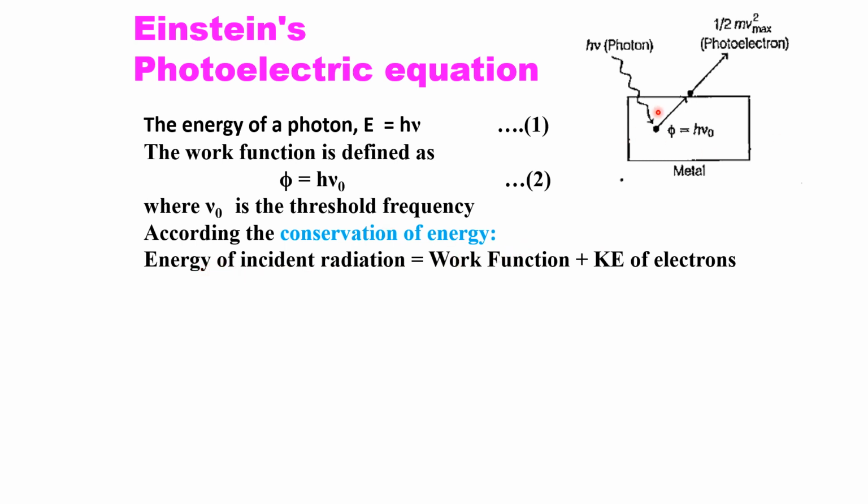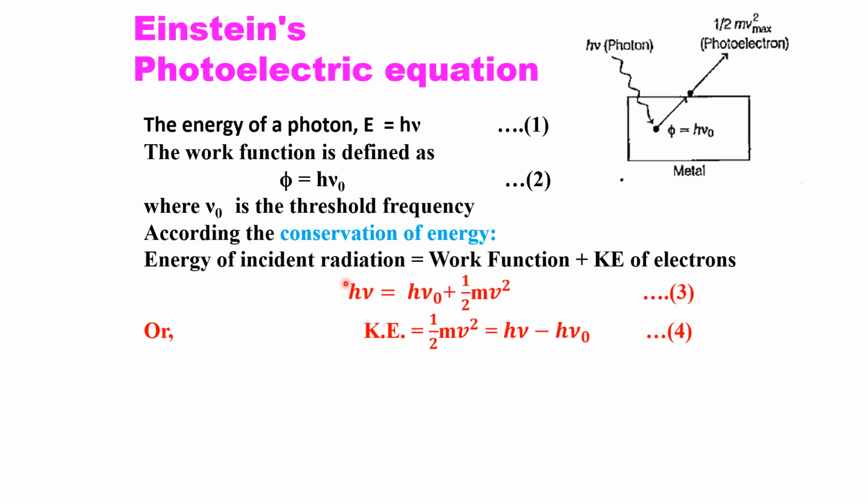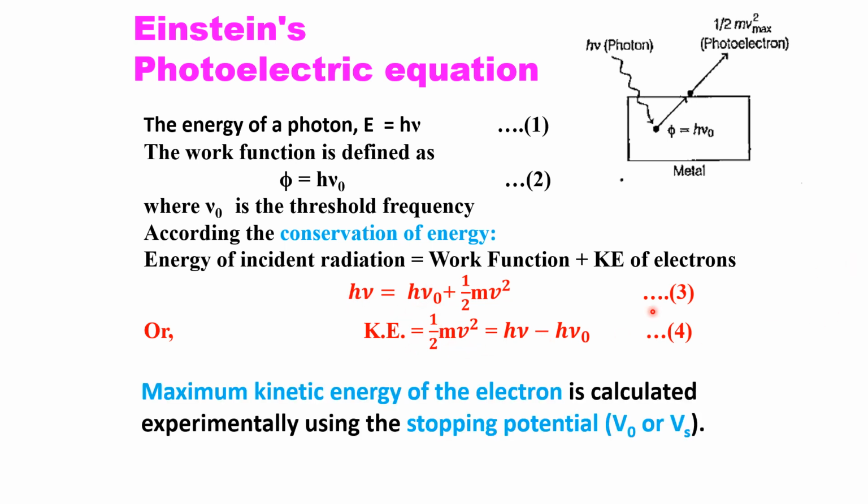And if we use the law of conservation of energy, then the energy of incident radiation should be equivalent to the work function plus the kinetic energy of electrons. The incident energy is h nu, equal to h nu naught, that is the work function, plus the kinetic energy half mv square, or half mv square equals h nu minus h nu naught.